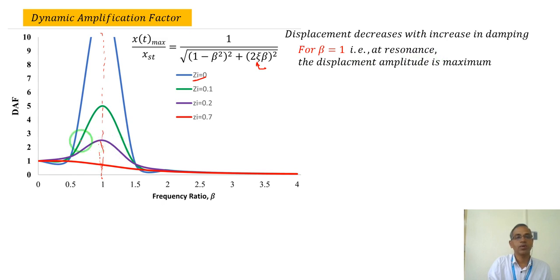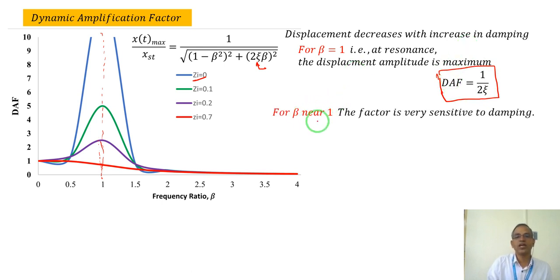Substitute beta equal to 1: this term is 0, the square and square root get cancelled, so we get 1 by 2 xi. So the dynamic amplification factor is 1 by 2 xi.